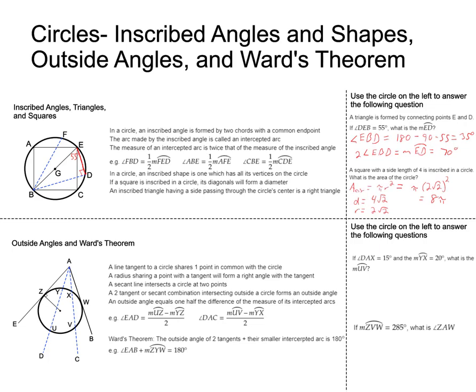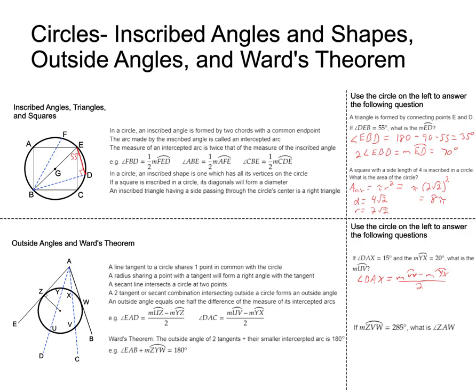So we can write out that angle DAX is equal to the measure of arc UV minus the measure of arc YX all over 2. Then we want to isolate the measure of arc UV.